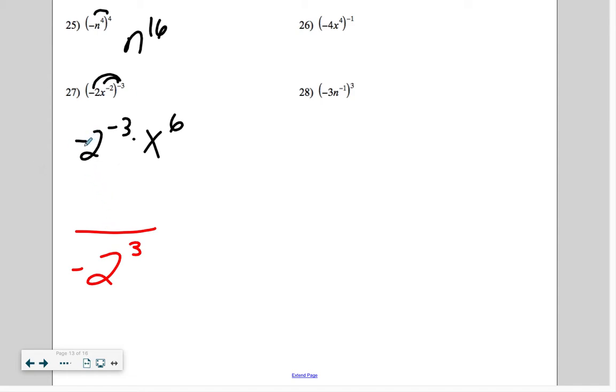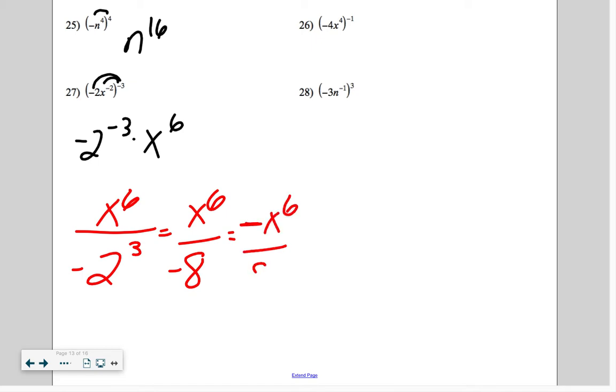The 2 is negative out in front. That has to go along with it. That doesn't get switched. And it's x to the 6th. So that's a decent answer. Otherwise, you might see a negative 8 down there, because 2 to the 3rd is 8. And then we should really put that negative sign out in front. Boom, final answer.